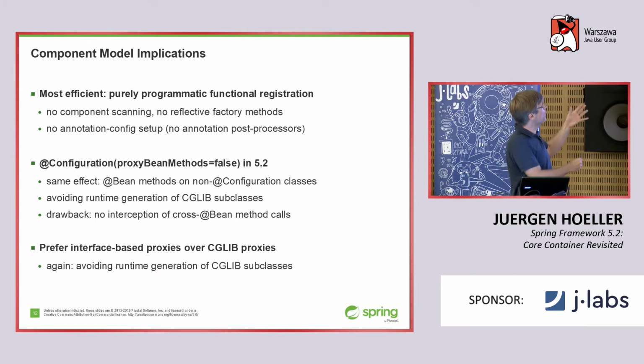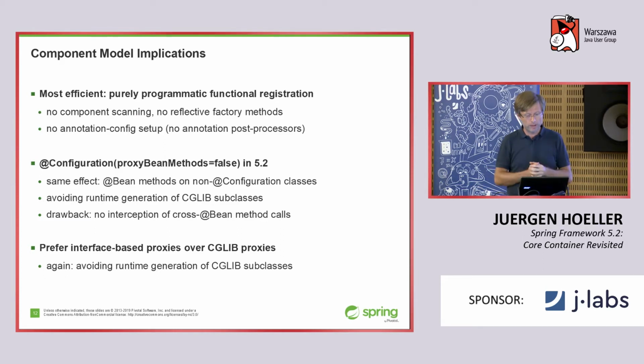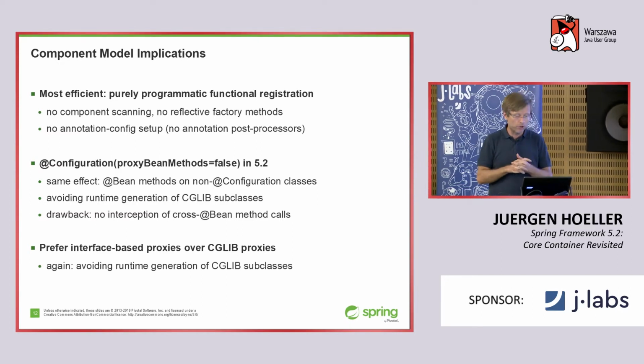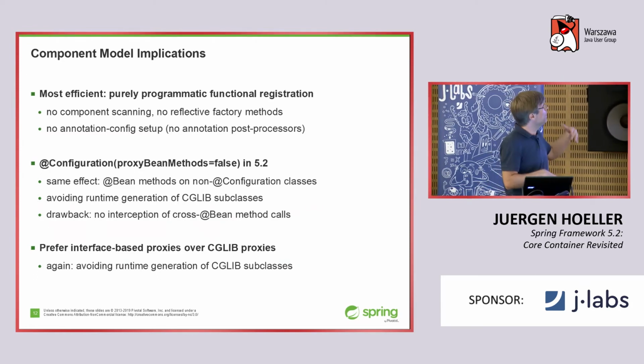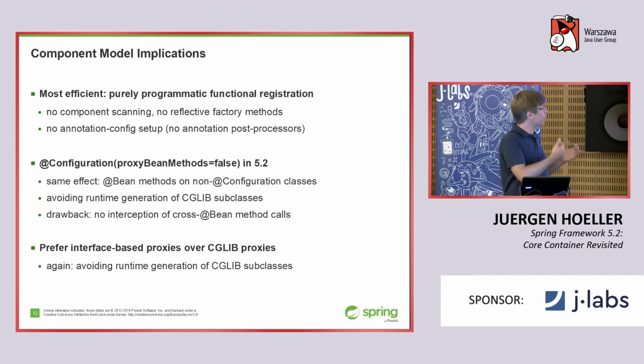But there's also some things you can do within your component declarations, within the component model, that allow us to more efficiently process it. I mean, you could, for example, register everything through programmatic registrations. That is by far the most efficient way of doing it. But if you're going with the annotation-based model, there's a few little things you can do.